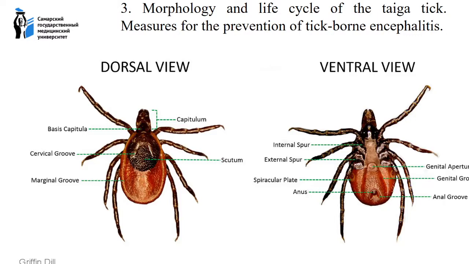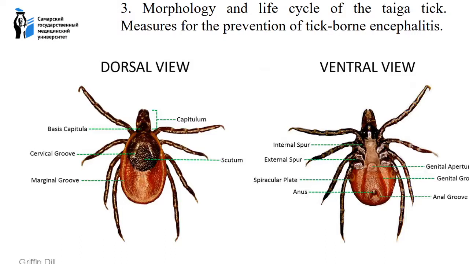You should see on the dorsal view that the tiger tick consists of capitulum, scutum, basis capituli, cervical groove, and marginal groove.